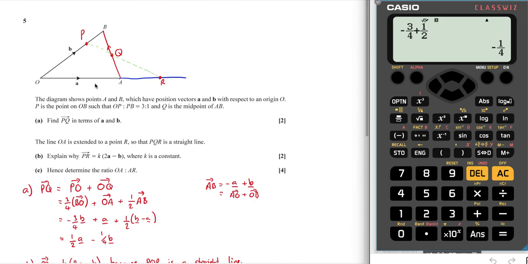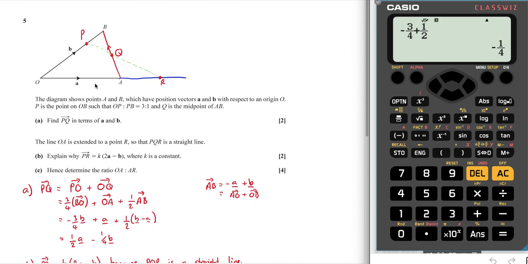We need to get from A to R. Well, I might be able to say something along the lines of AR is AQ plus QR.